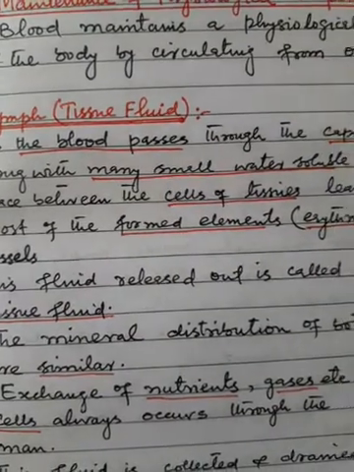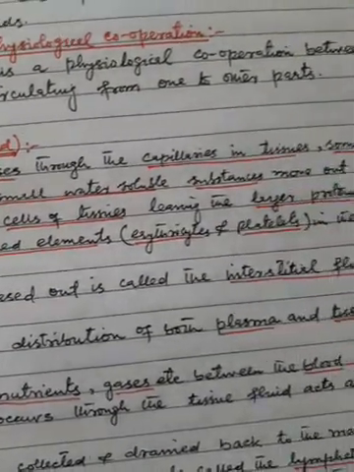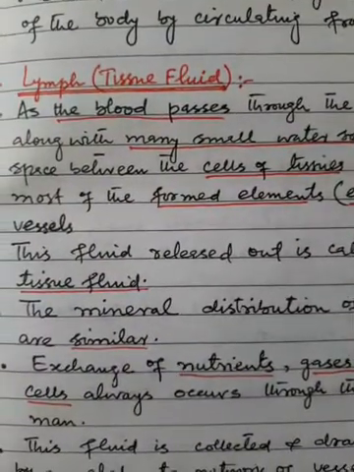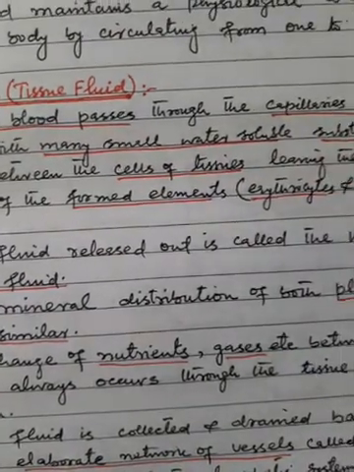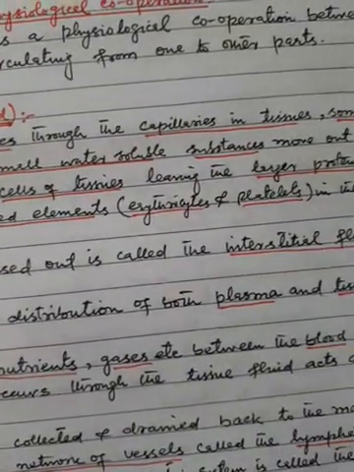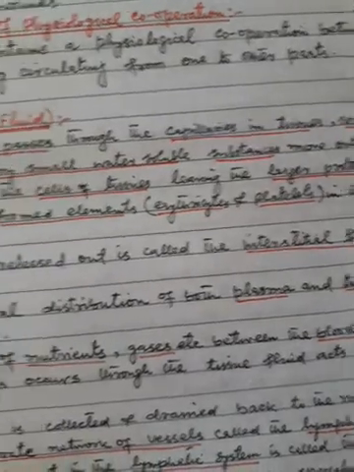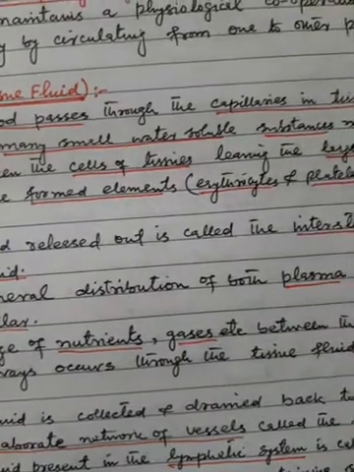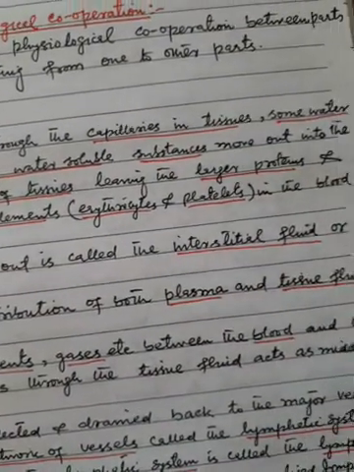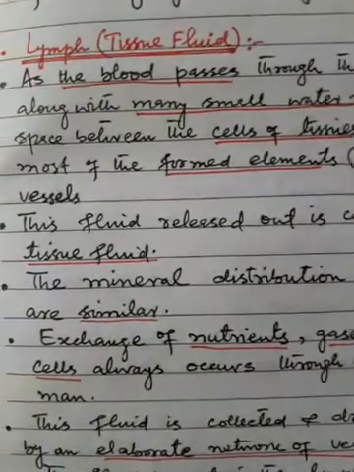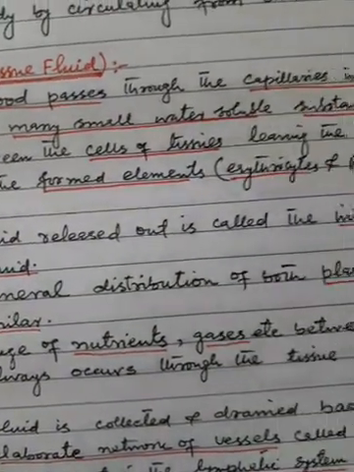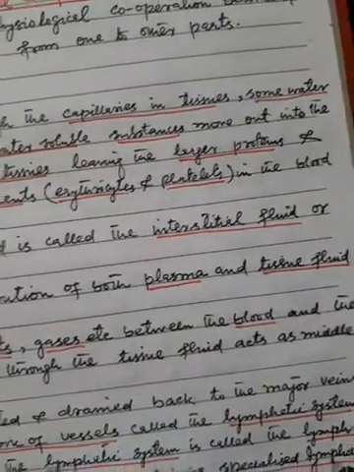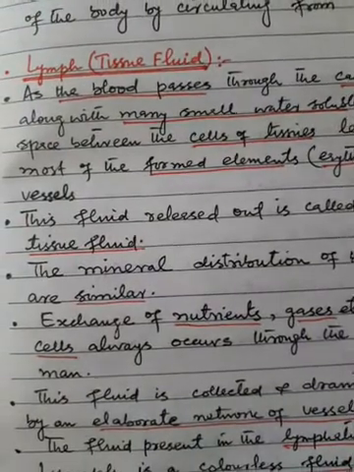As the blood passes through the capillaries in tissues, some water, along with many small water soluble substances, move out into the space between the cells of tissues, leaving the larger proteins and most of the formed elements, that is erythrocytes and platelets, in the blood vessels.